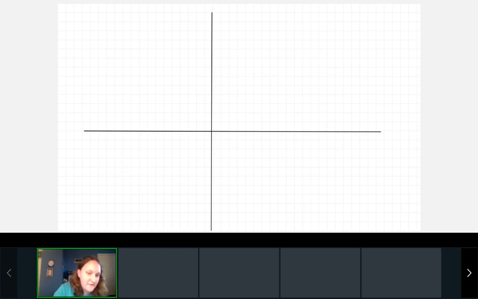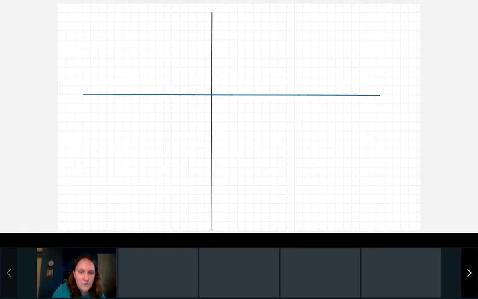A is at negative 9, negative 12. Definitely didn't give myself space here. 1, 2, 3, 4, 5, 6, 7, 8, 9. 1, 2, 3, 4, 6, 7, 8, 9, 10, 11, 12. So there's A. B is at negative 2, 2.